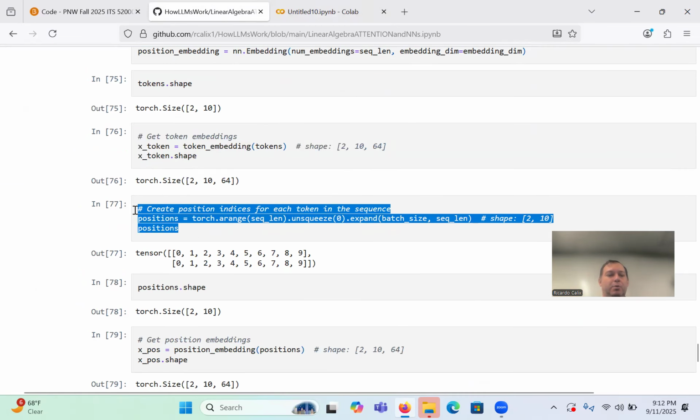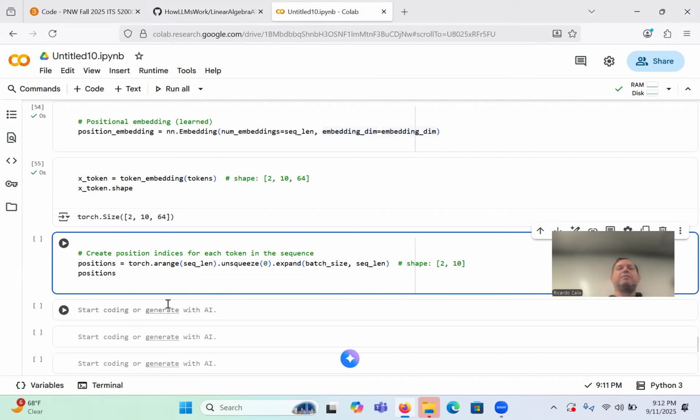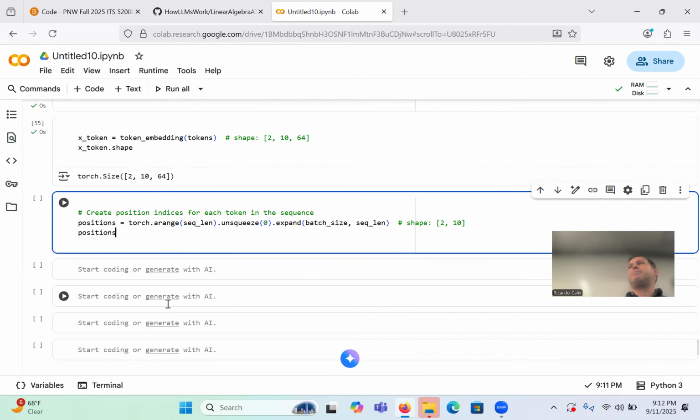This is probably what took me a long time to comprehend. Initially, when I was doing the positional embedding, my brain just couldn't understand, but I should run X through this. I should run X through this to get the positional embedding. But if you notice, we don't run X through it.